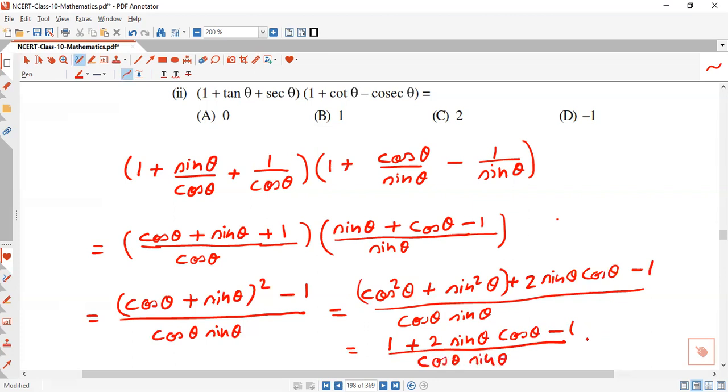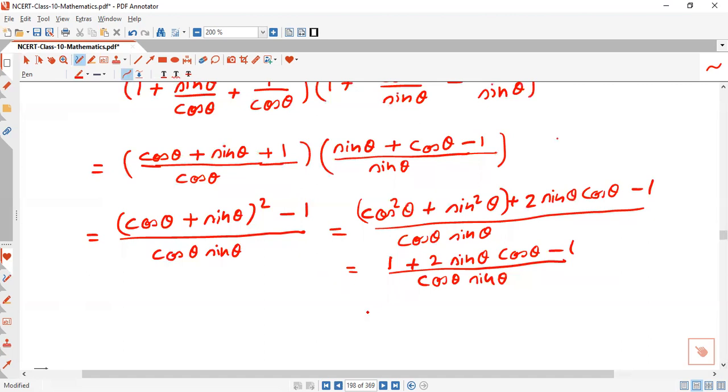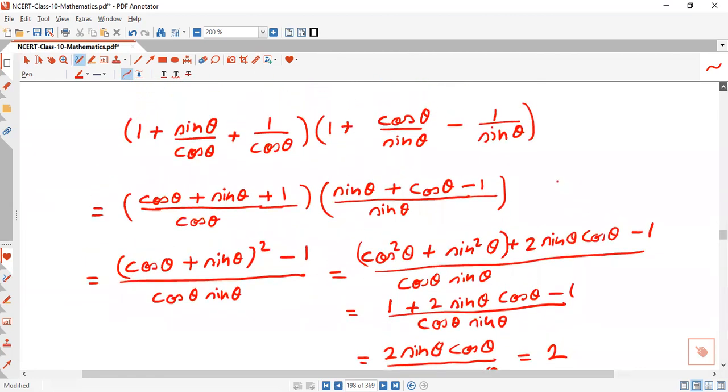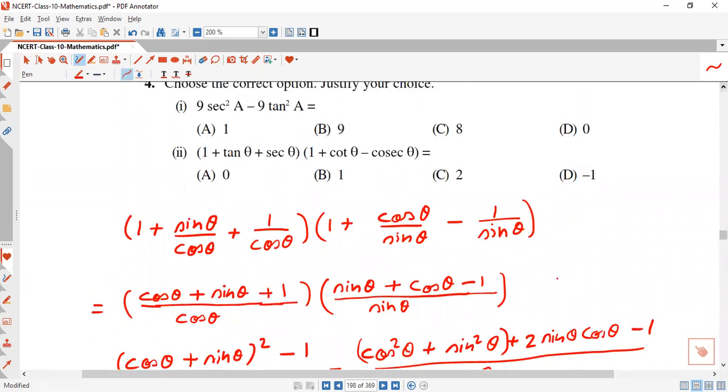This 1 cancels out. So we have only 2 sine theta cos theta upon cos theta sine theta. So sine theta cos theta cancels out as a whole factor. We are getting 2. So 2 will be the answer for this question. For the second part of the question, C is the answer.